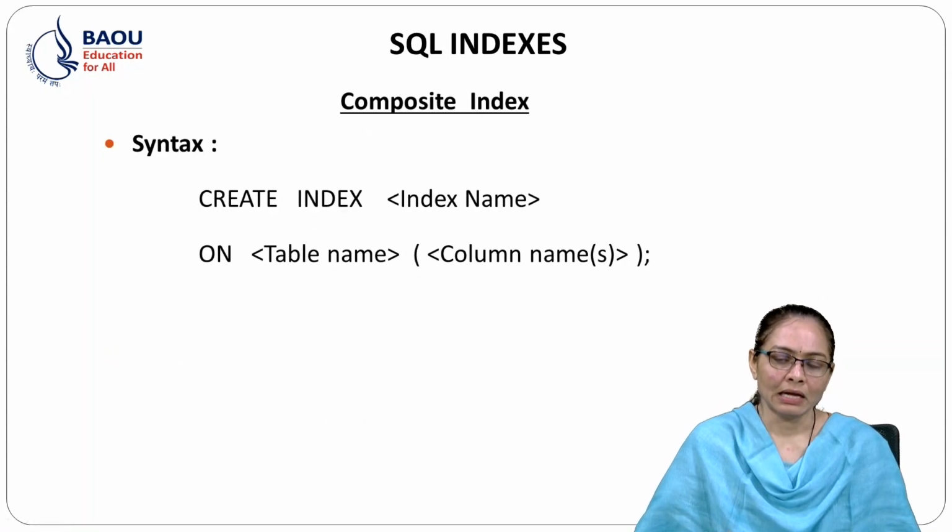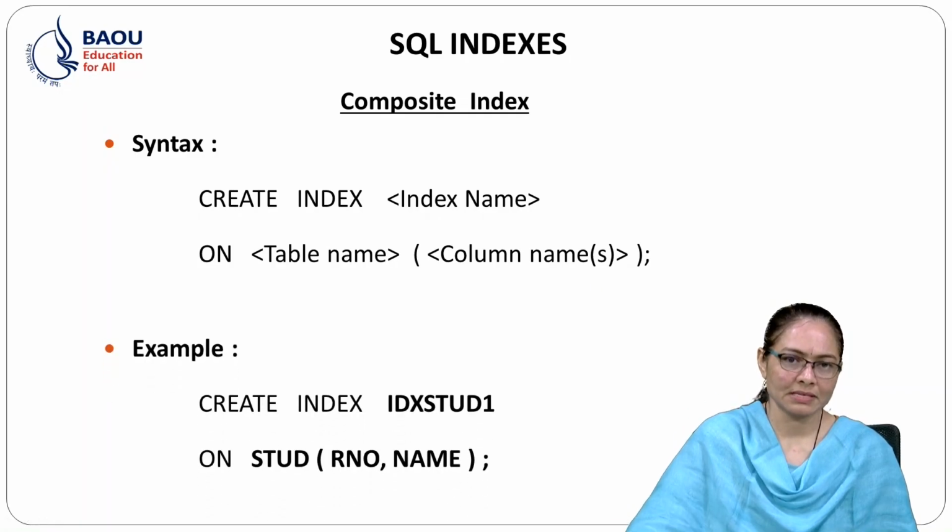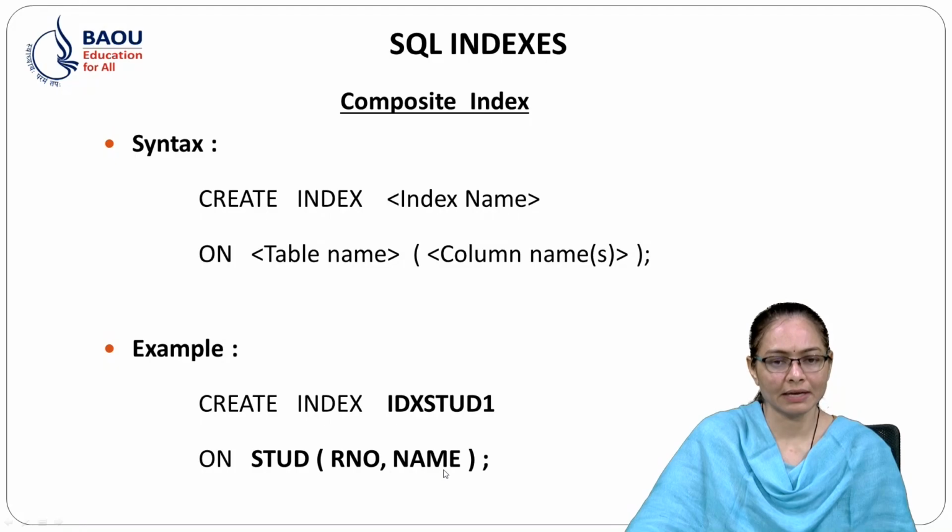Now, how to create the composite index? An index created on more than one column is called a composite index. See the syntax, with minor changes: here there are more than one columns. See the example: create index, then index name, on stud, in the bracket roll number comma name.